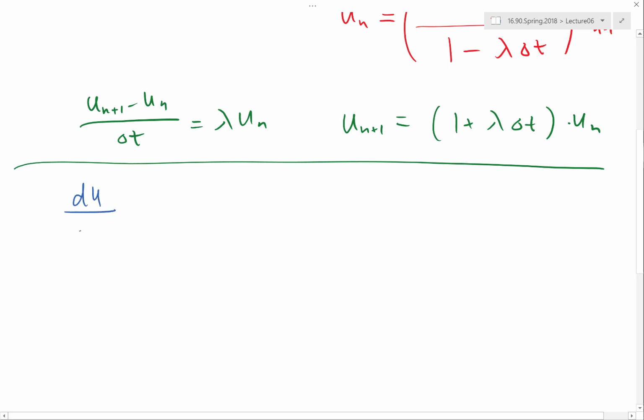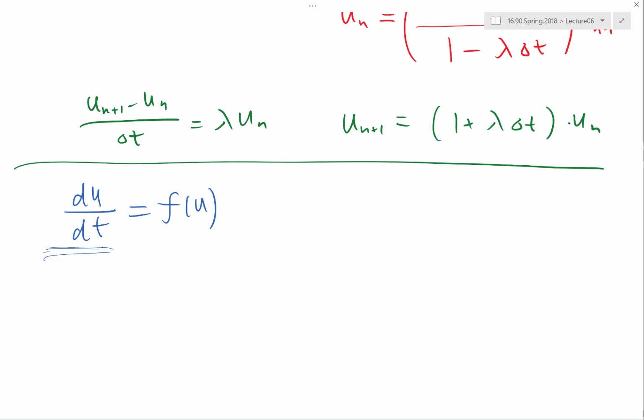I'm approximating this time derivative du/dt equal to f(u), right? In previous methods, in an implicit method, this du/dt always has to involve u^(n+1), right? Because that's how, when we convert the time derivative into an ODE solver, the solution at n+1 is what we move to the left hand side to solve for the next step.